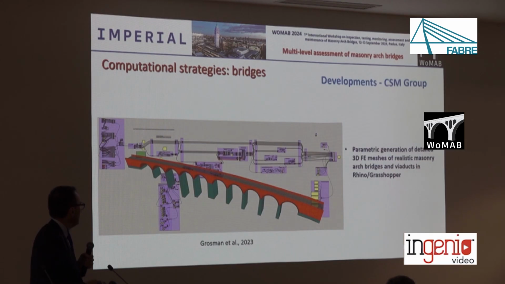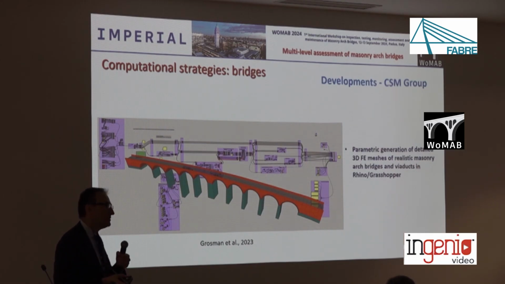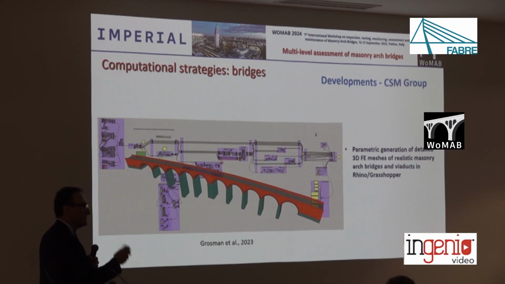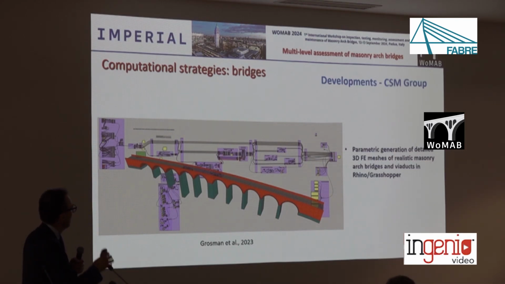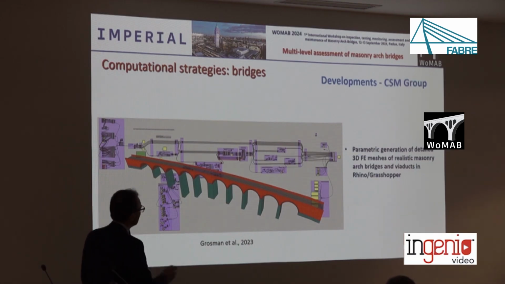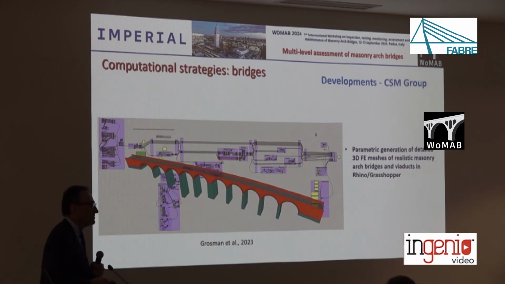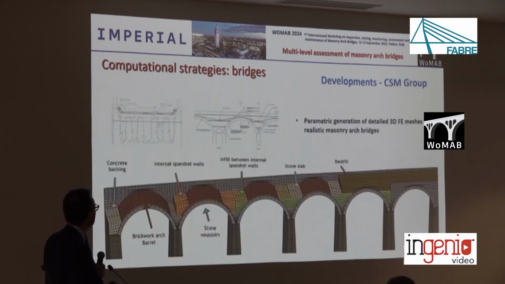As a relatively recent development to facilitate the generation of the models, we invested a substantial amount of time in developing quite a powerful piece of software in a Rhino Grasshopper environment, which enables a parametric generation of masonry bridges and viaducts with complex geometries, taking into account the separation between mesoscale and macroscale representation for the masonry parts, and a variety of different bond characteristics.